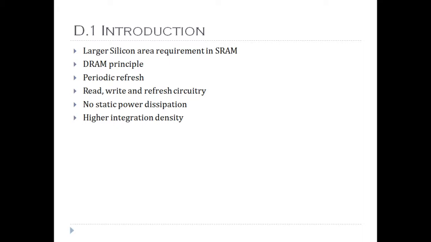In DRAM, there are 3 to 4 different types of configuration which are used, which give us lesser area requirement, but then we need additional refresh circuitry. Even though additional circuitry is required for read, write and refresh, the advantage of having a smaller area for a single cell is not overshadowed by the area required for the refresh circuitry. So we have higher integration density for dynamic RAM.